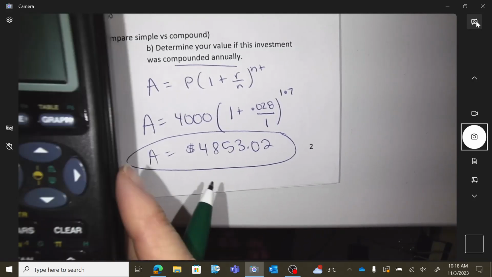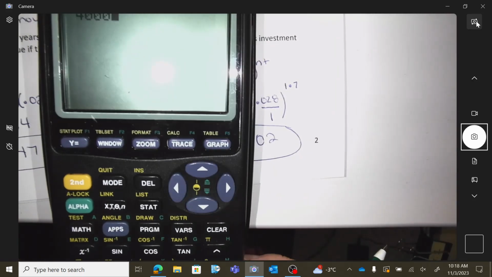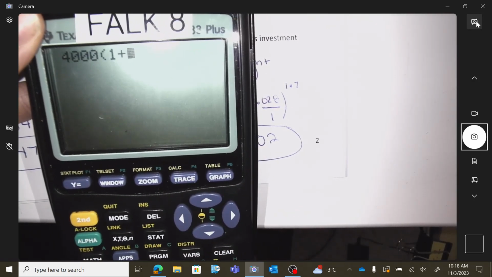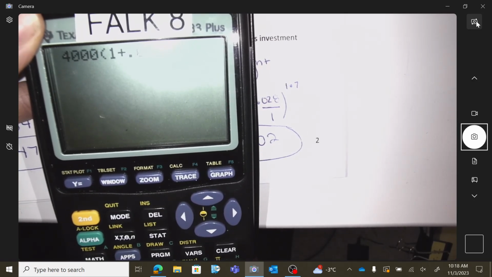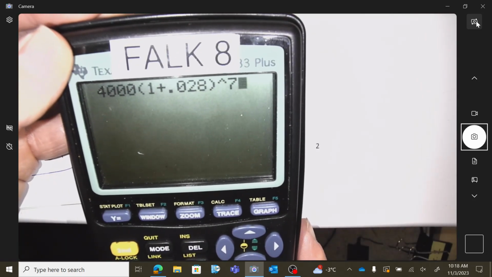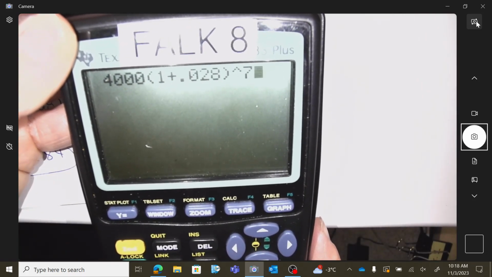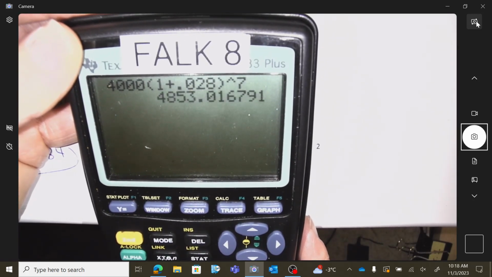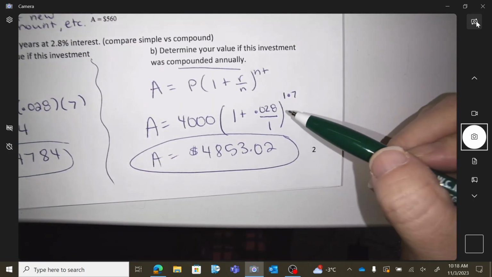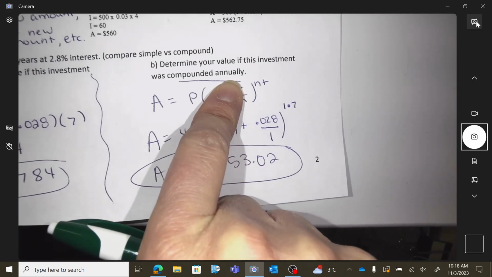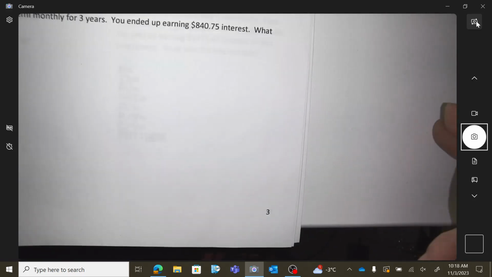What did I type in? Are you ready? 4,000 bracket 1 plus 0.028 bracket to the 7. Why does the formula have the 1? Because it's how many times a year, but we only compounded at the end of each year. But I wrote it in there because eventually we're going to have compounds more. Okay.